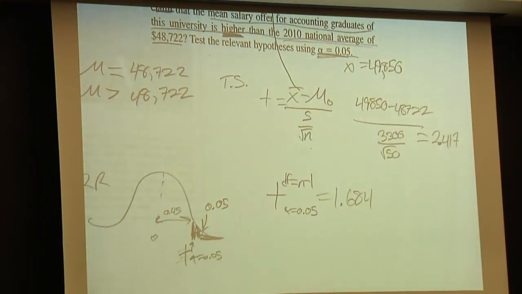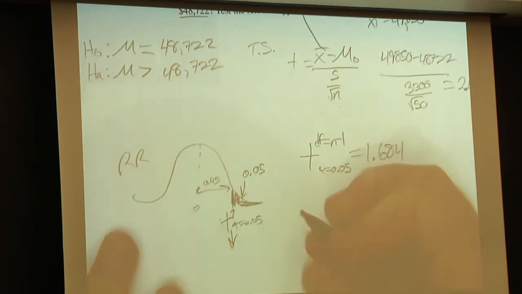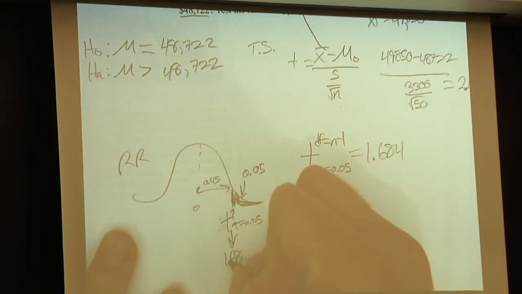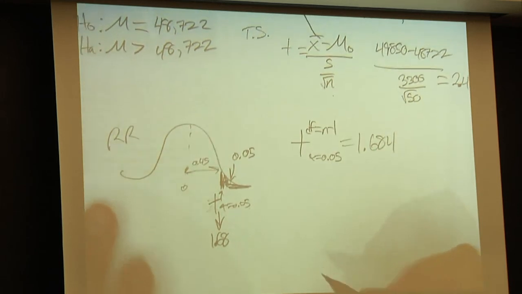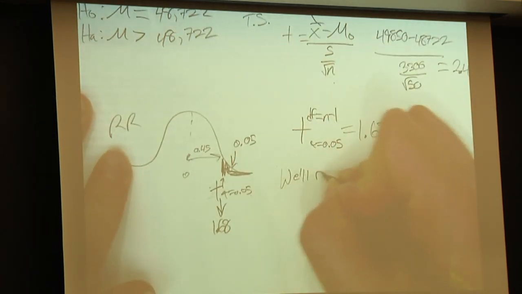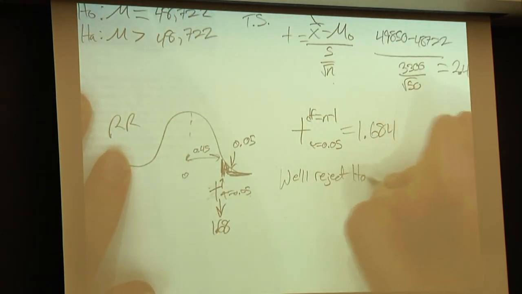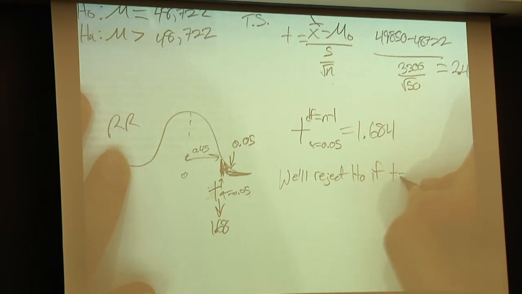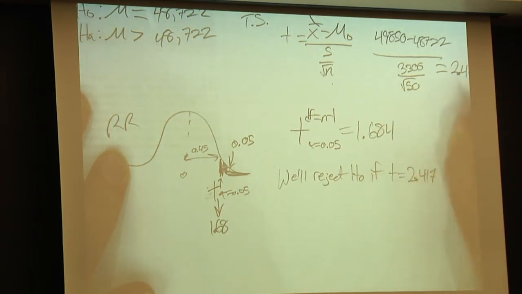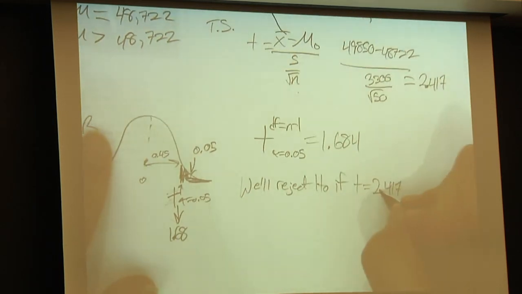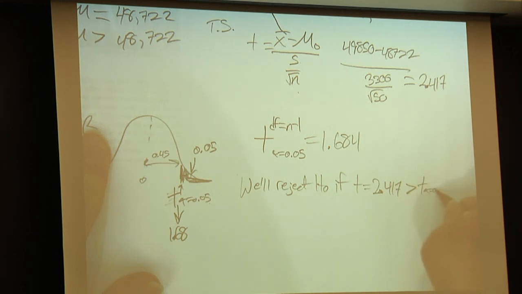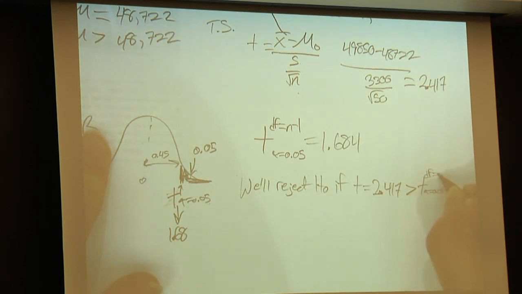Good. Now, we do this the same way. That t, we'll just throw it right here, 1.68. And now we want to know, do we reject or not? That's the question, right? We'll reject H0, write it like this, if t of 2.417, just like we have right here, that's our test statistic, is greater than t of alpha equals 0.05, degrees of freedom equals 49, which is 1.68.